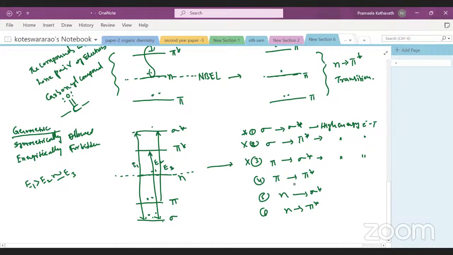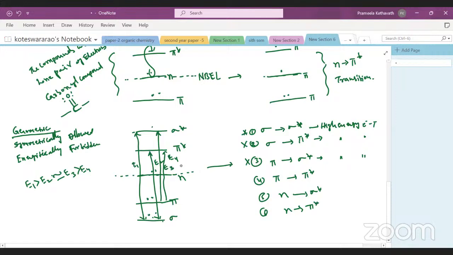Now coming to pi to pi star. Look at the energy gap of pi to pi star. Compared to the remaining three, it is less energy. This is E4, therefore E3 is greater than E4. It is an energetically lower energy transition.